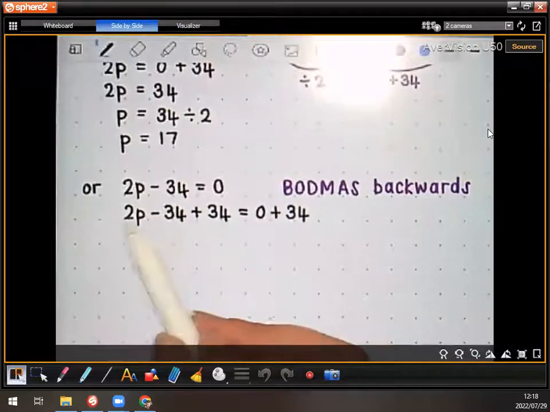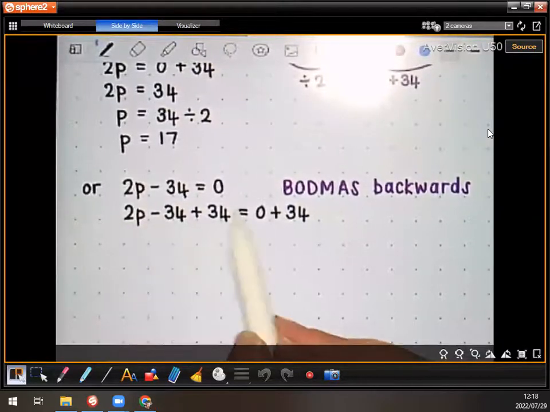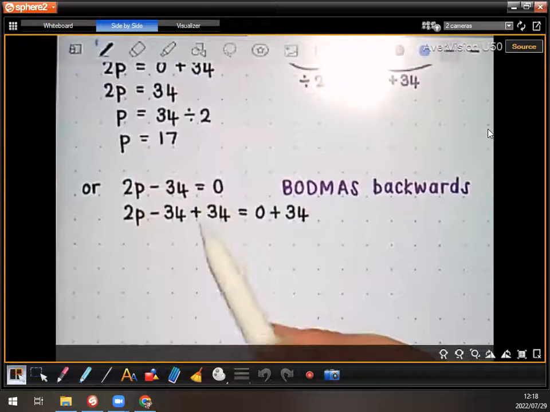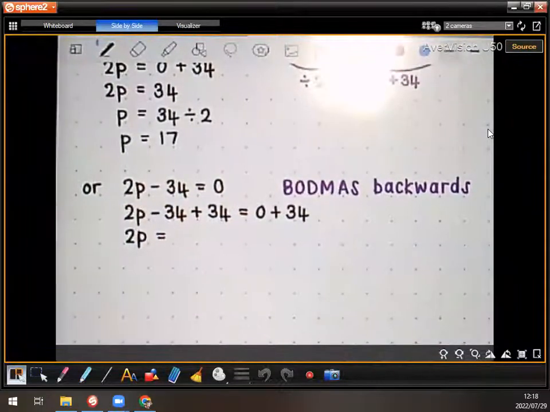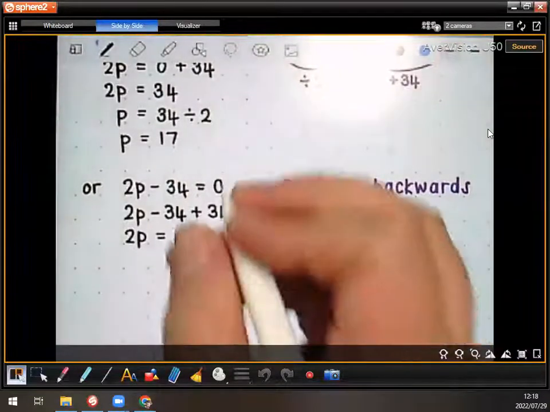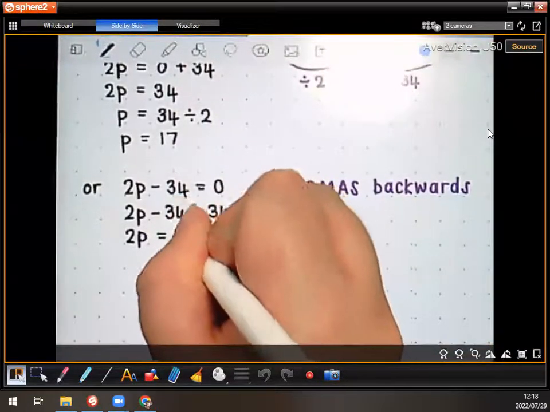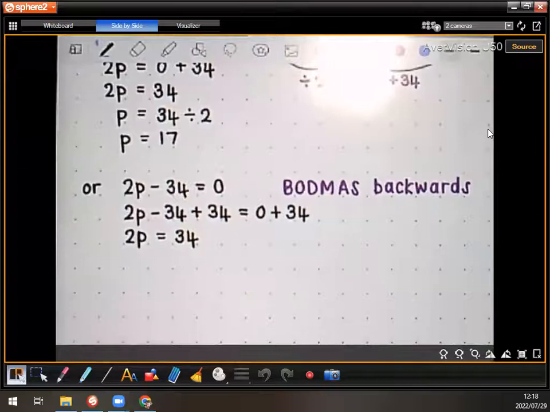So what's now left on this side? 2p and a 0, right? So just 2p. So that is equal to, on the other side, we have 0 plus 34, which is just 34. And now we need to get rid of that times 2. How do you get rid of the times 2? You divide by 2.